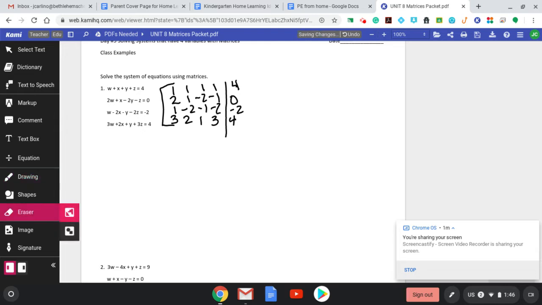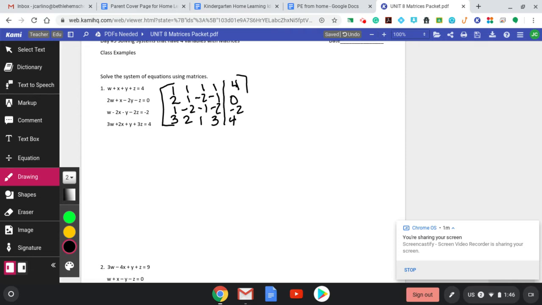There we go. Always go back and make sure your matrix is correct before starting, because the last thing you guys want to do is set up a wrong matrix and then try to work on it from there.